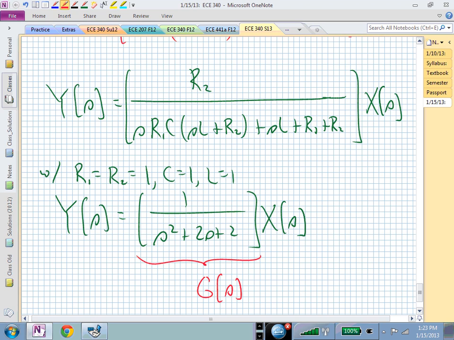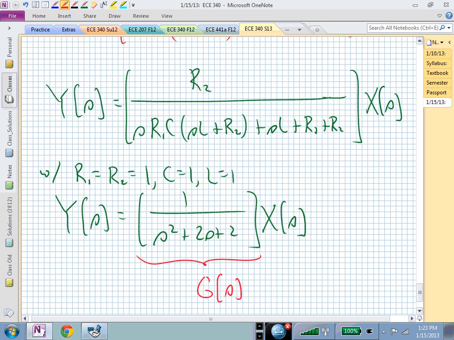What is this system going to do? What did we say at the very beginning of class? What does this electrical circuit look like effectively? A low-pass filter. So now you could sketch the Bode plot of that if you wanted to. You might want to know, where are these?